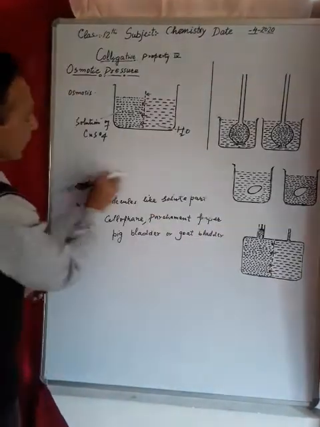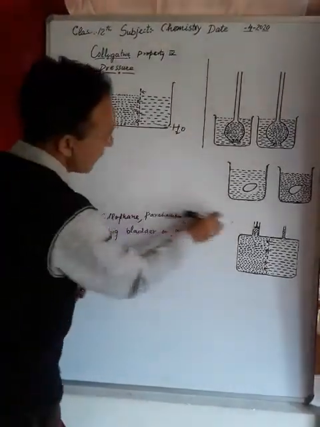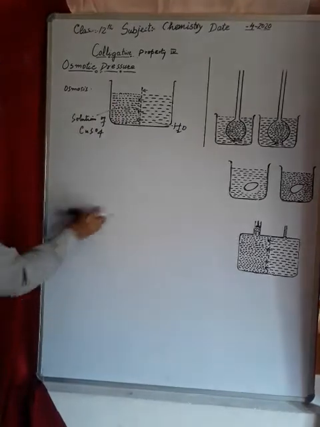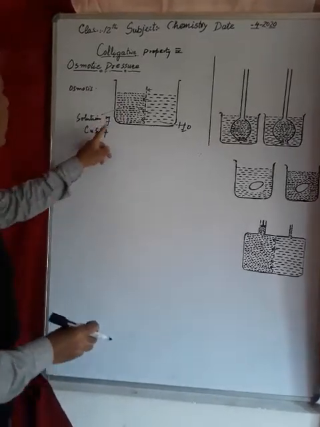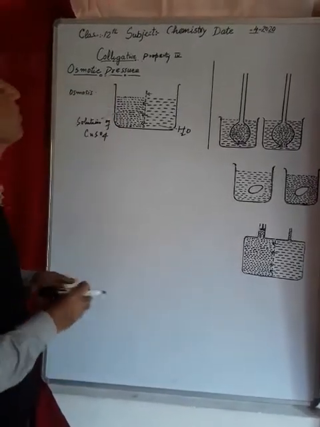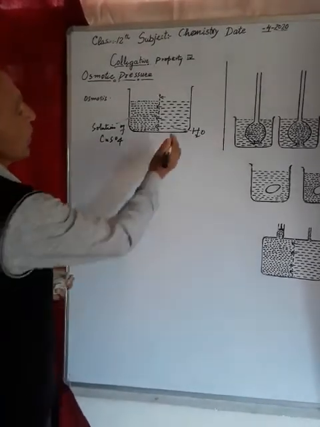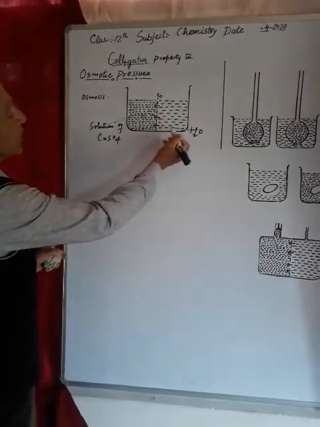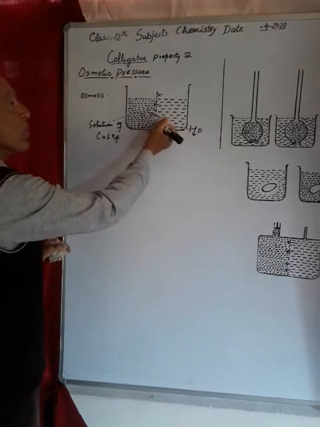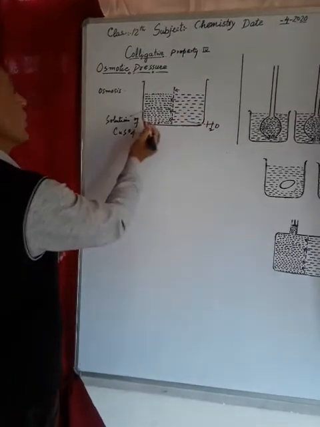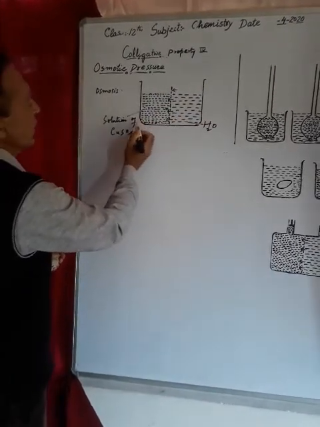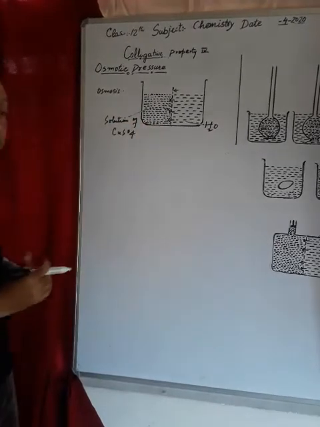After some time, we see the level on the solution side rises. This is because the water or solvent molecules flow through the semi-permeable membrane, due to which the level of the solution rises.